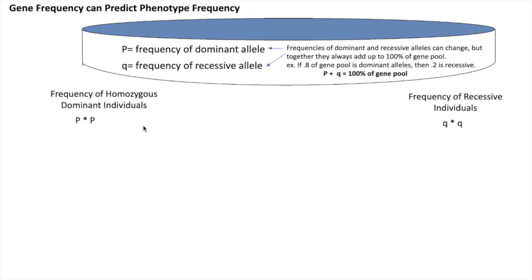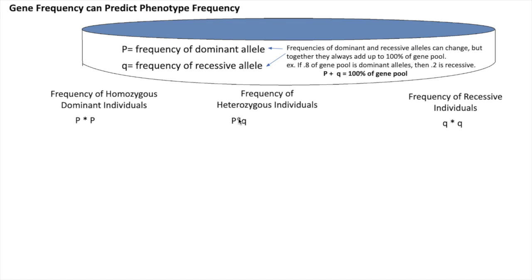And you can do the same to calculate the frequency of recessive individuals being born. You just multiply the chance of one recessive allele being drawn by the chance of a second recessive allele being drawn. And last, you can calculate the frequency of a heterozygous individual being produced from the gene pool simply by multiplying the odds of a dominant allele being donated by the odds of a recessive allele being donated.